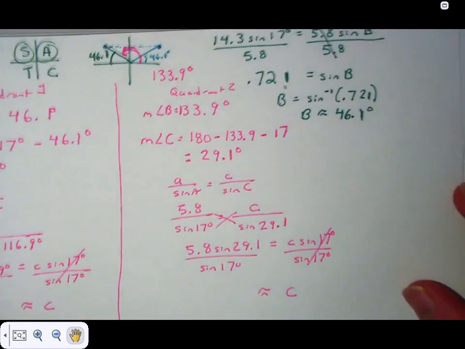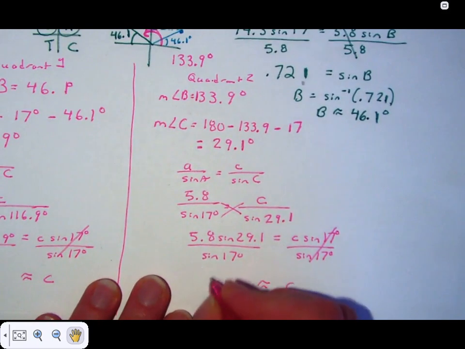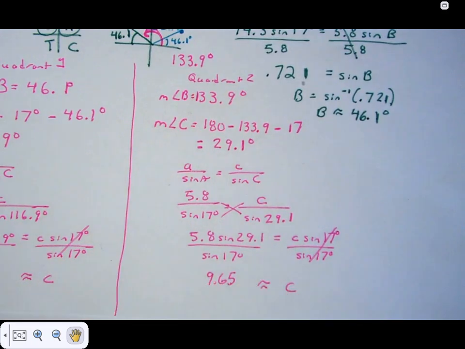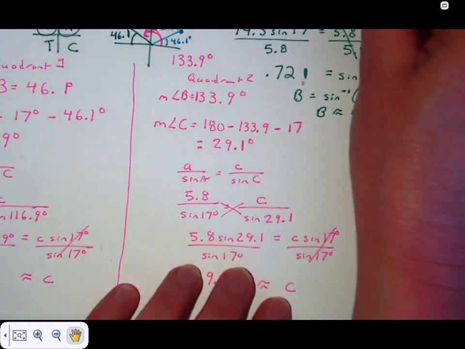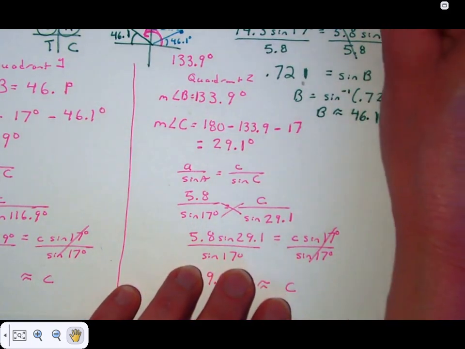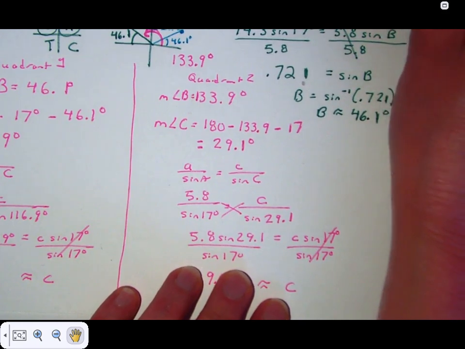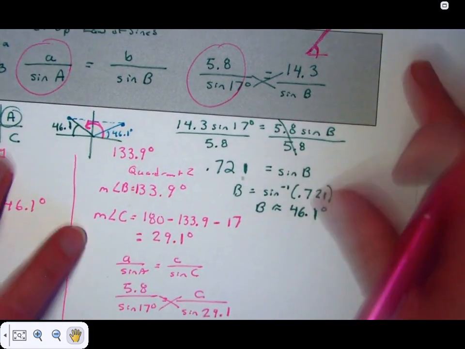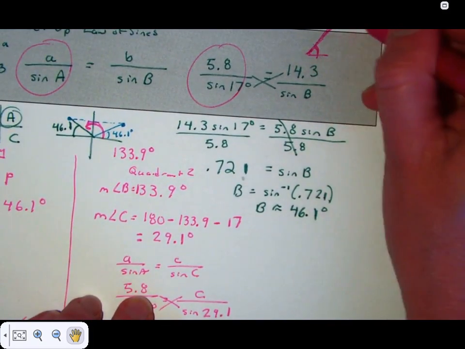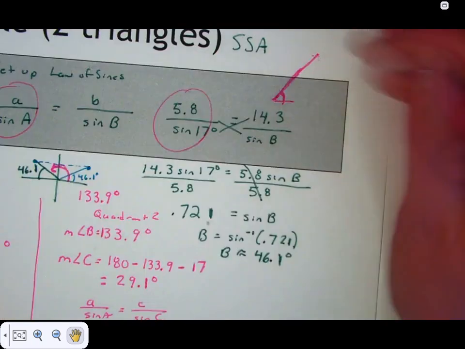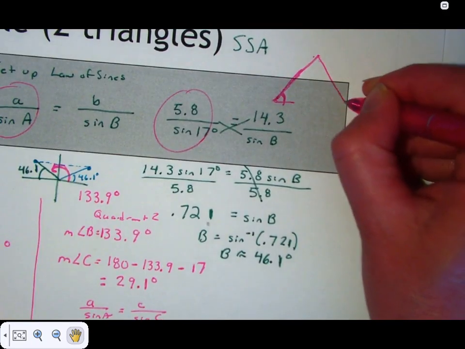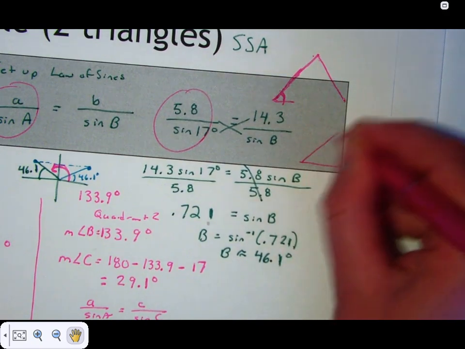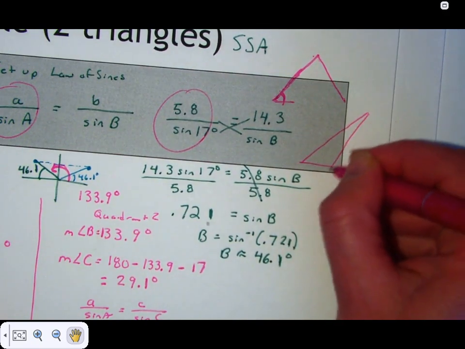Did anybody get what this last side would be? This is a case in which, if I gave you this angle and this side, the last side could either swing out or swing in.